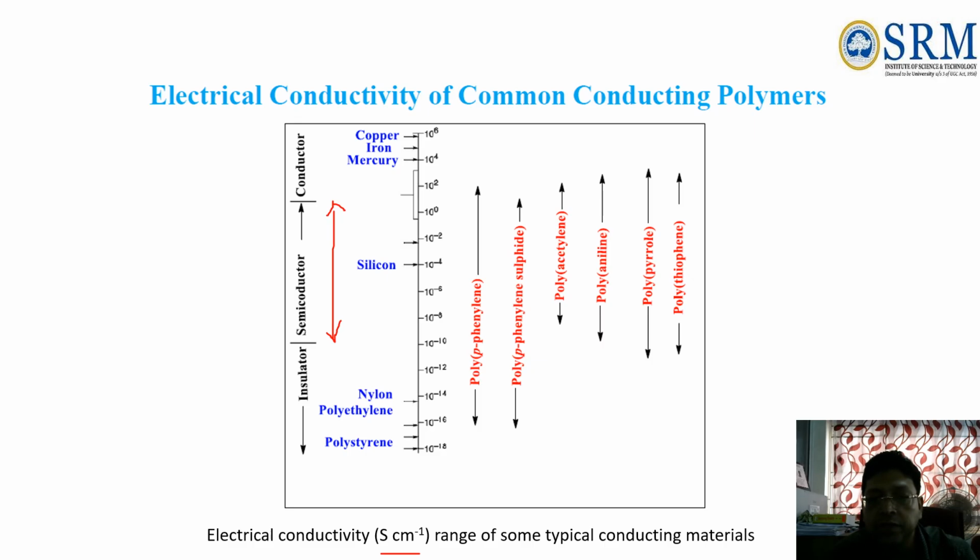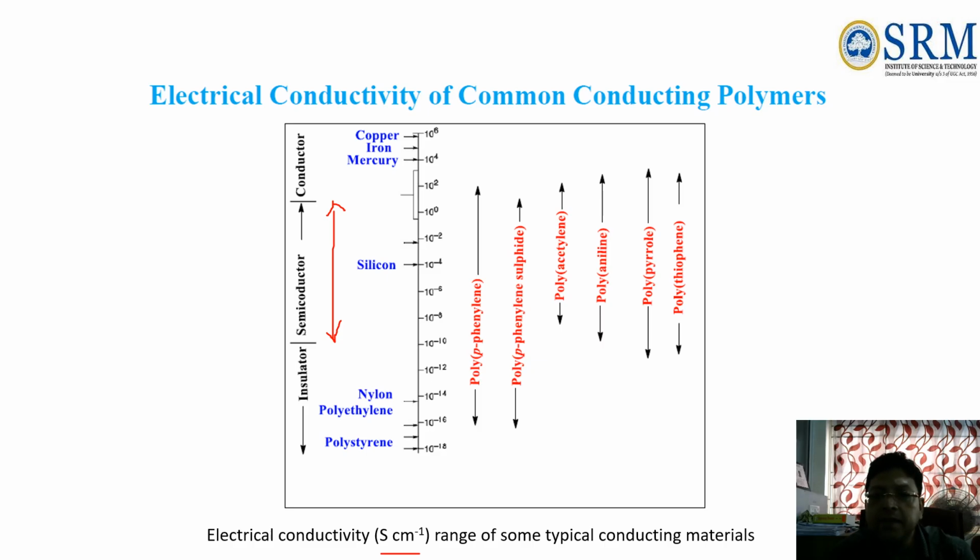So this is the range of electrical conductivity, and any material whose electrical conductivity is below 10 to the power minus 10 is referred to as an insulator, like nylon, polyethylene, polystyrene. These are the conventional polymers which do not have extended conjugation, absence of delocalized pi electrons. So these do not show the conduction of electricity, and that's why they are referred to as insulators.